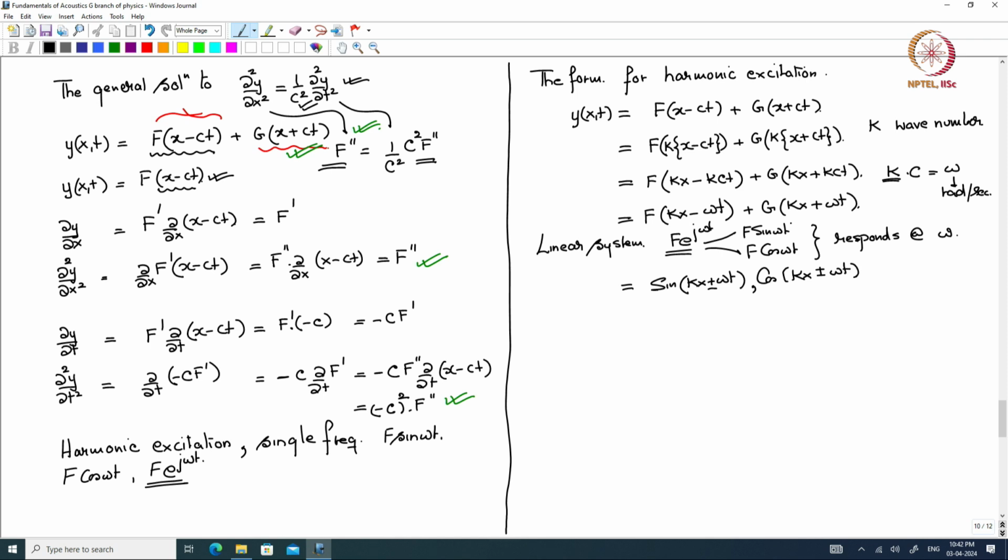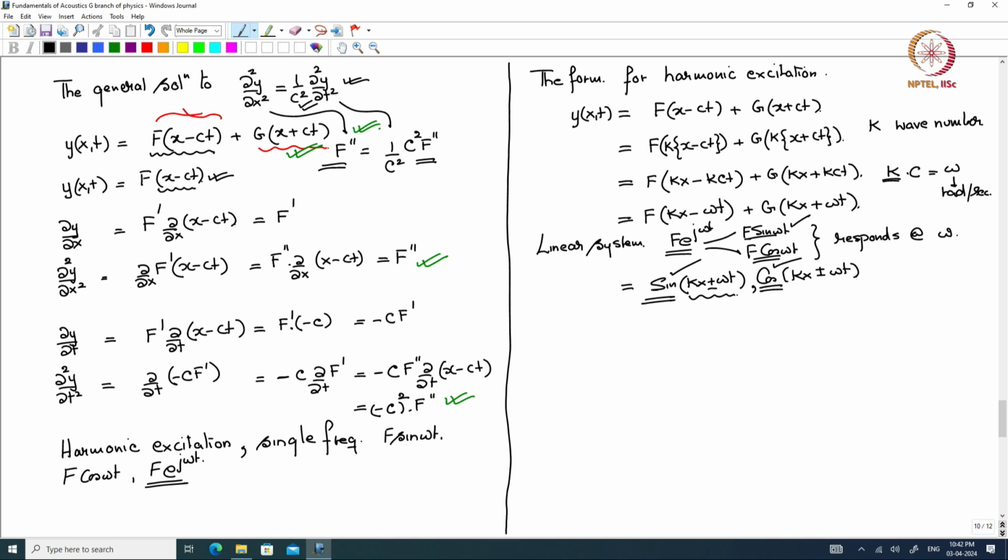So, this sine omega t will generate a response which is a sinusoid or a cosinusoid with these arguments inside. So, it is not any arbitrary function now, the sine here and the cosine here, they will generate responses from the linear system which are again sinusoids or cosinusoids.